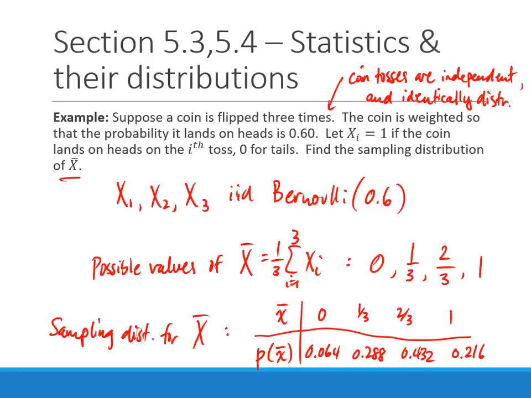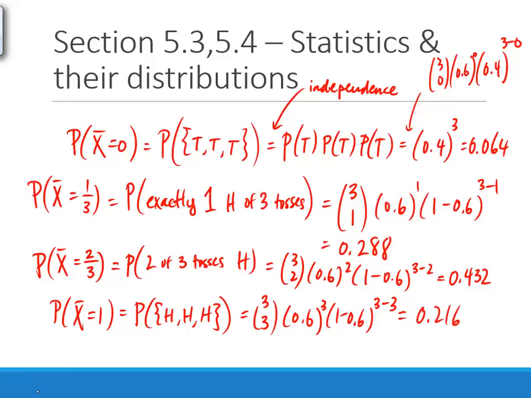All the probabilities are bigger than or equal to 0, and they should add up to 1 if you double check that. So we're in good shape there. Again, very simple example, but it motivates what the sampling distribution is. It's the distribution of the statistic, which is the main point here.